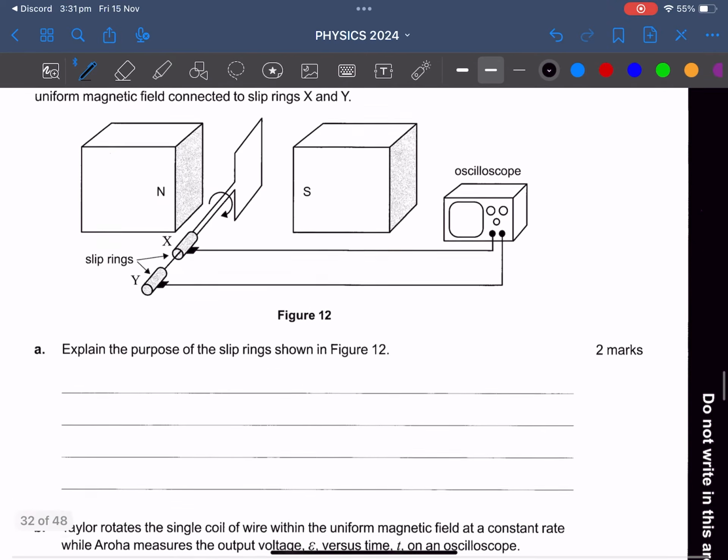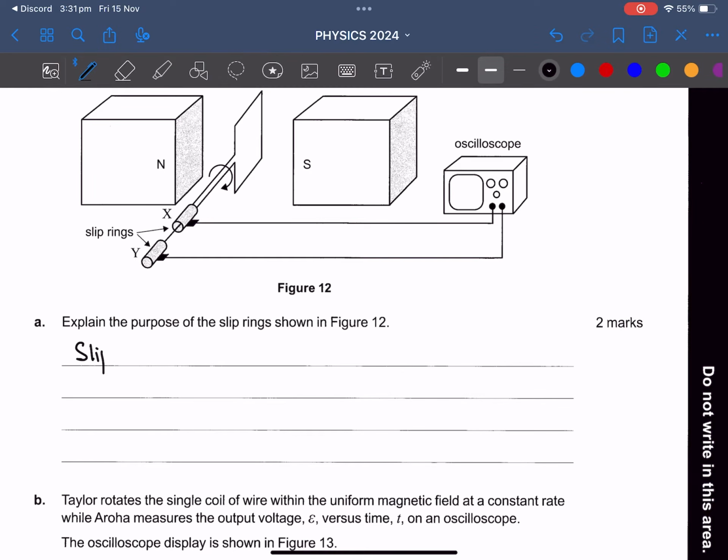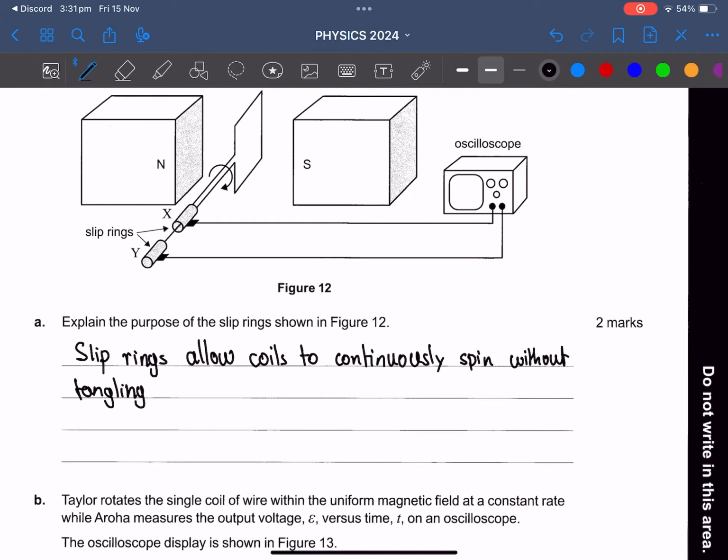Okay, so slip rings allow the coil to continuously spin without tangling the wires, right?